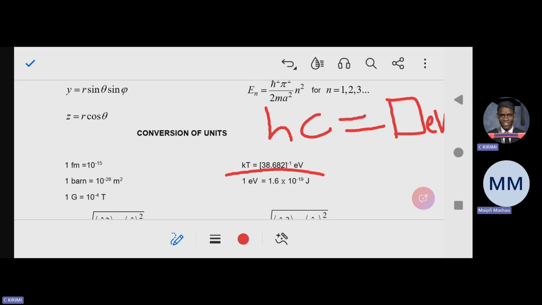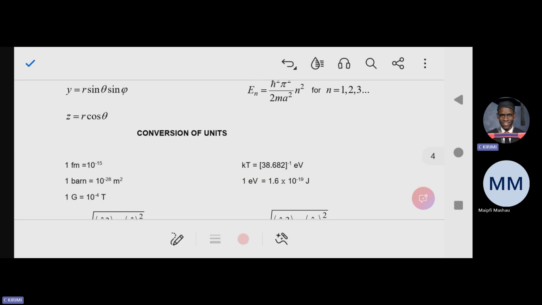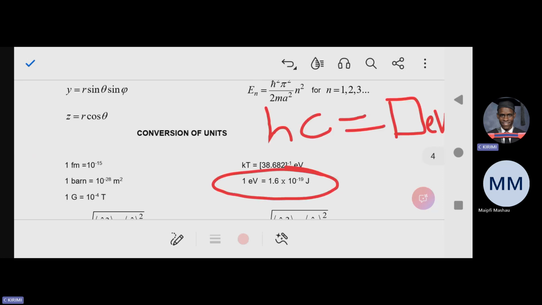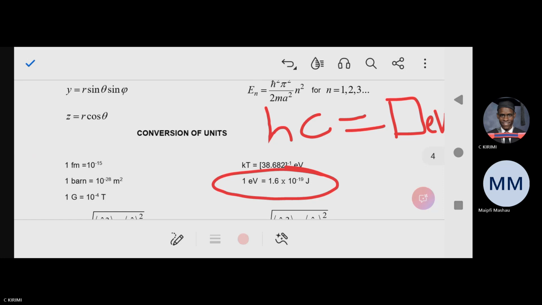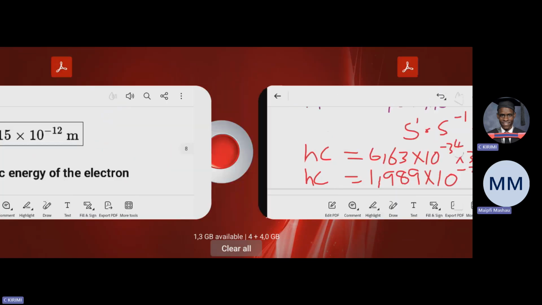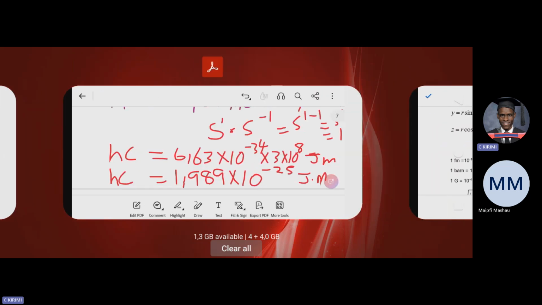You know that 1 electron volt is 1.6 times 10 to the power negative 19 joules. So to convert to electron volts, I divide the number I already calculated by 1.6 times 10 to the power negative 19.